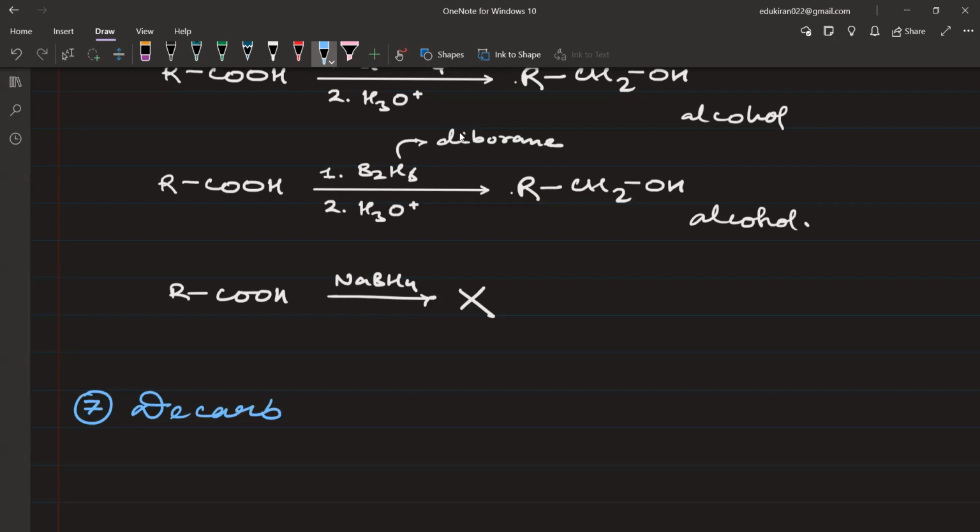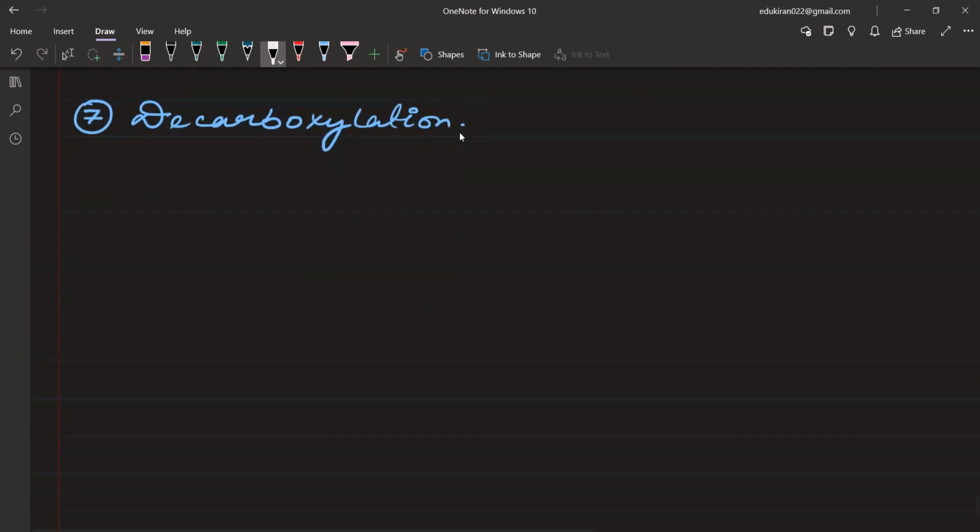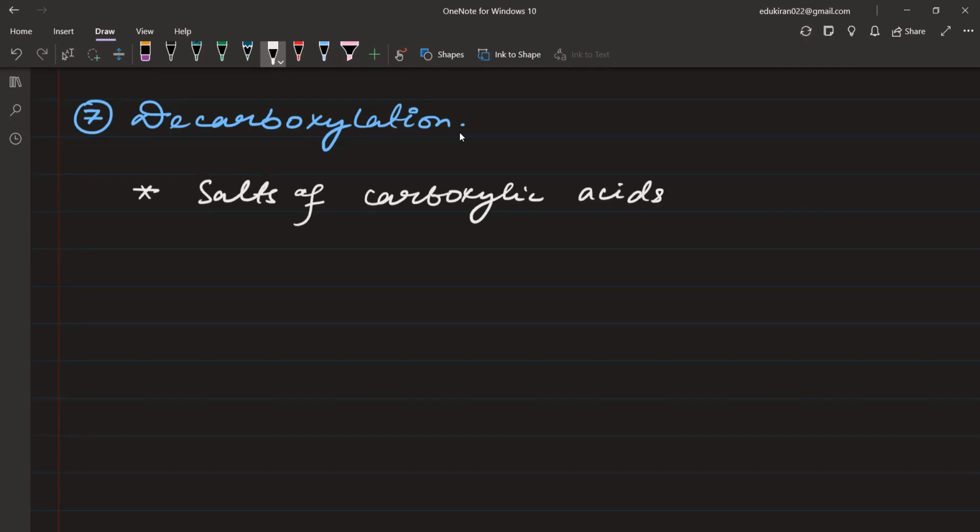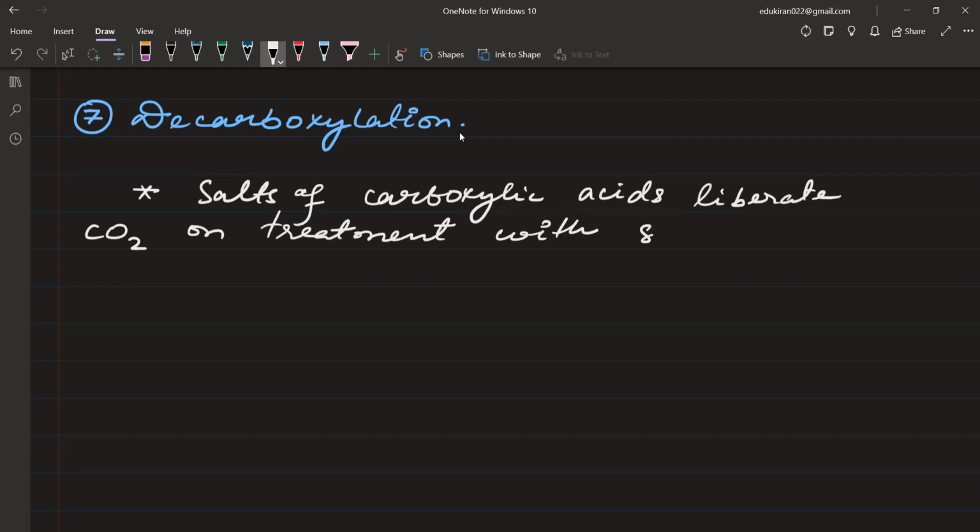Decarboxylation. Right here, sodium salts, or other salts of carboxylic acid liberate CO2, carbon dioxide, on treatment with soda lime.